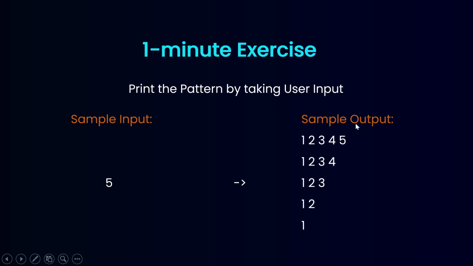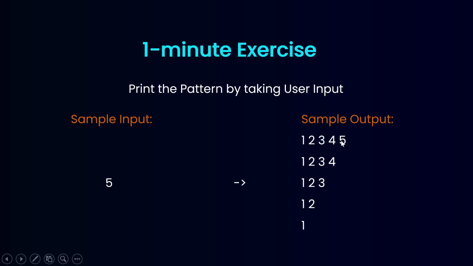and every list is starting from the digit 1 and ending at whatever the biggest number is, which is 5 here, that is the user input. So 1 to 5, and then for the next iteration it is just reducing its size.